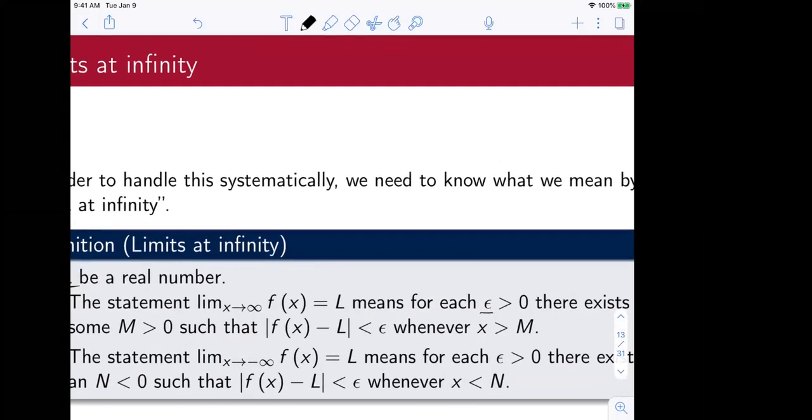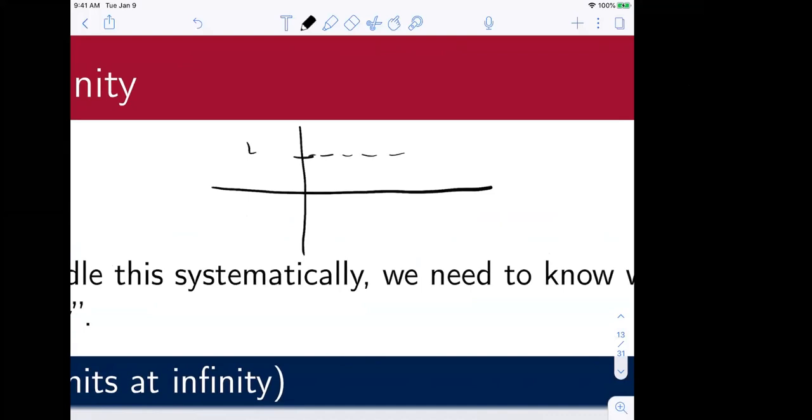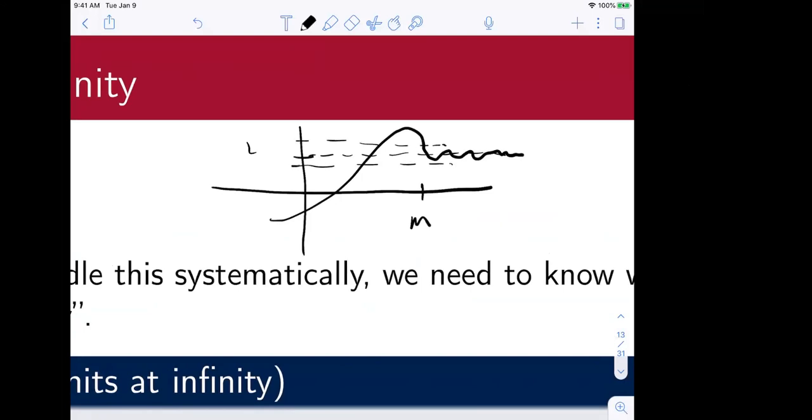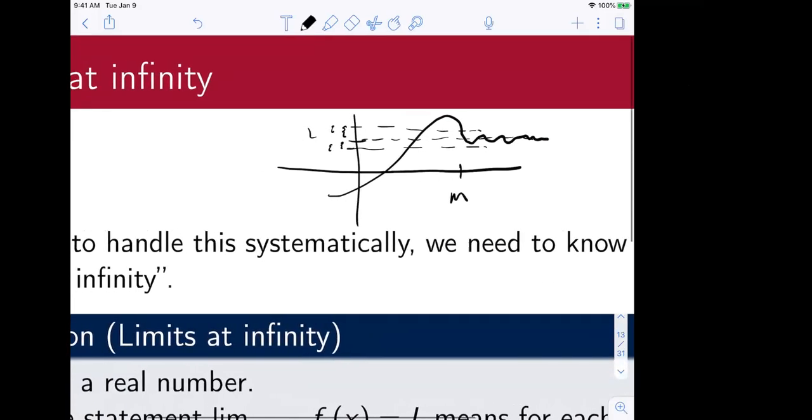Okay, and all this means is if I have some function, here's L, then the limit as x approaches infinity of f of x is equal to L means that once x is bigger than m, it has to stay within this band here of size epsilon around L. That's all that means.